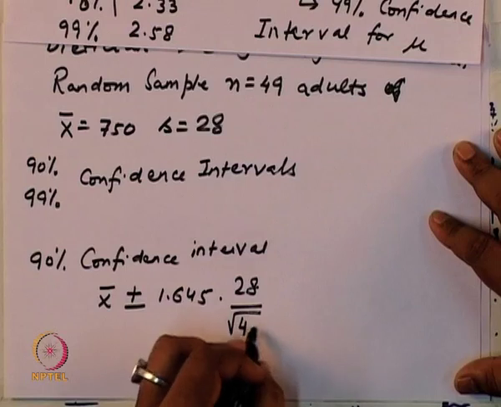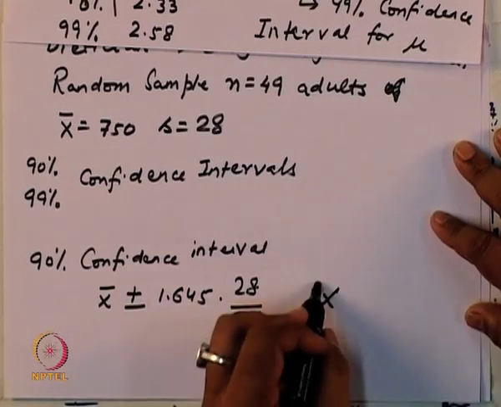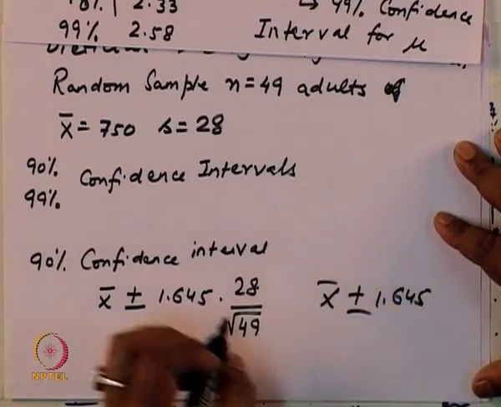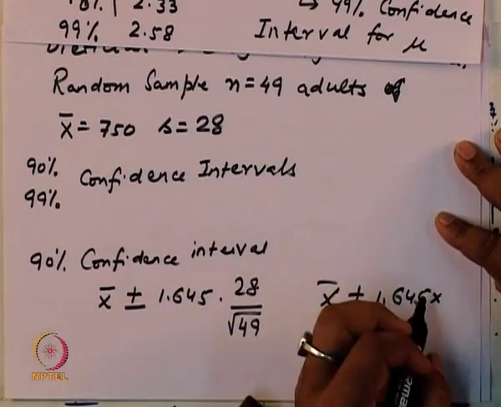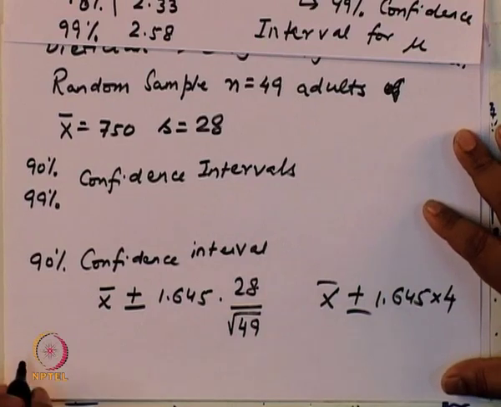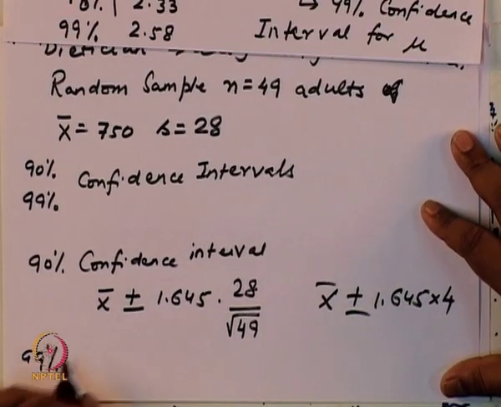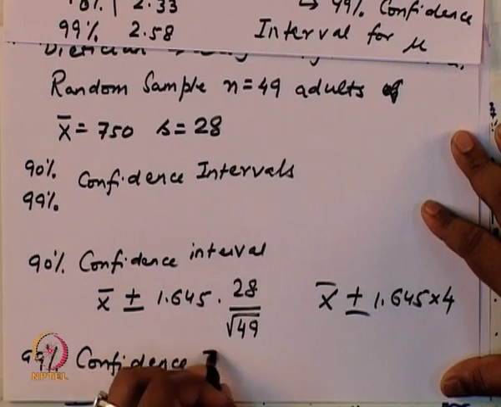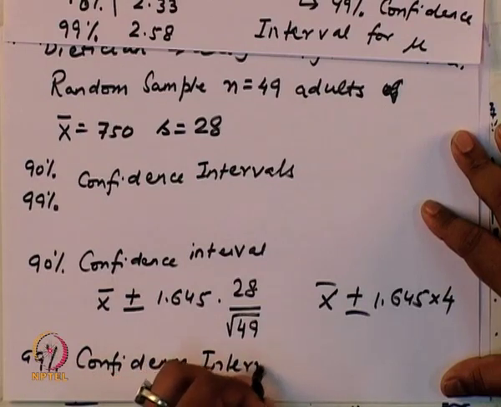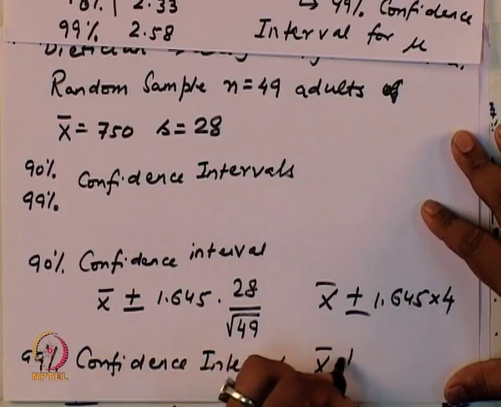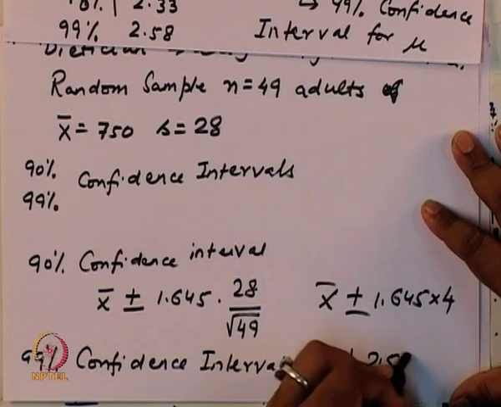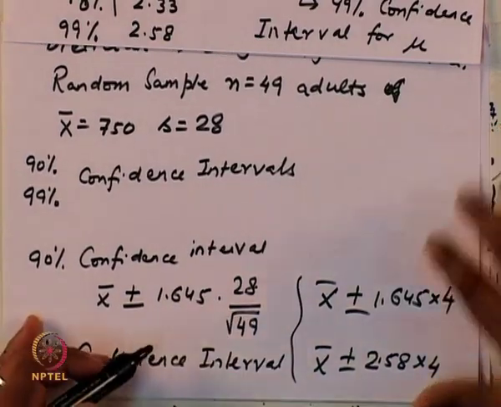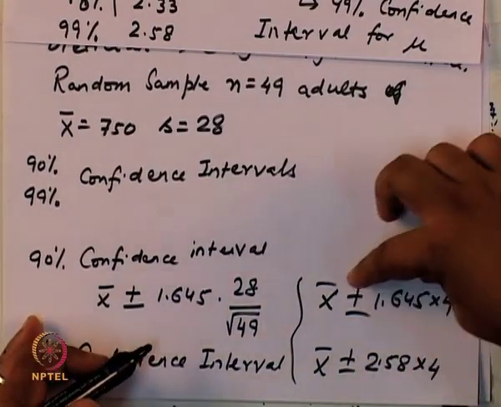So, root of 49. So, it is x bar plus minus 1.645 into 4, and the 99% confidence interval will be x bar plus minus 2.58 into 4. Okay. So, what you can clearly see is that this magnitude is a tighter limit.